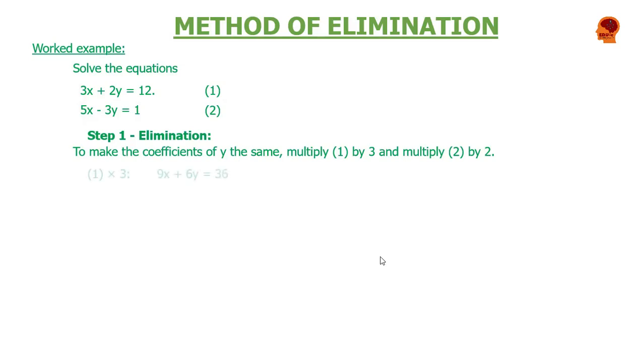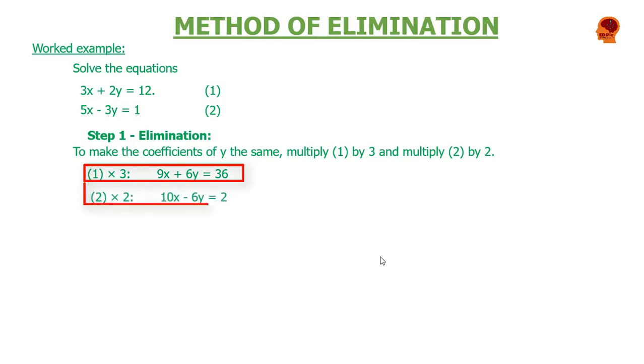Now watch. I'm multiplying equation 1 by 3 and equation 2 by 2. 3 times 3x gives me 9x, and 3 times 2y gives me 6y.